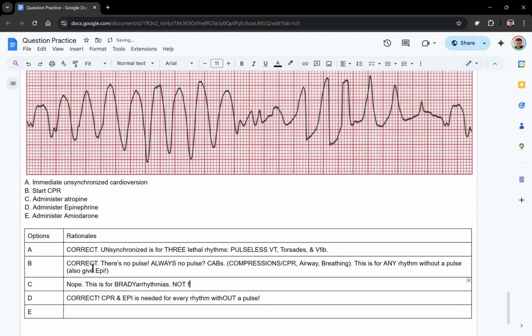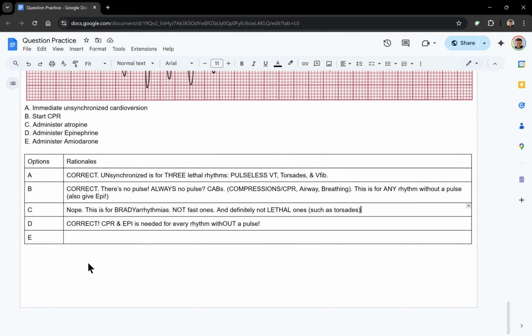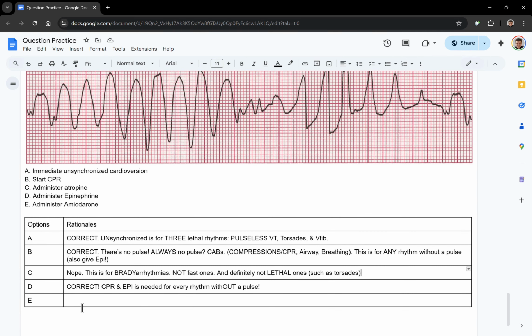Not fast ones, all right? And definitely not lethal ones, such as torsades. So atropine is for slow rhythms, and there's a certain point where it just stops working, when the AV node is broken, like a third-degree AV block, junctional, idioventricular. All right, so that's a nope. What about E? Give amiodarone. Is that a nope?